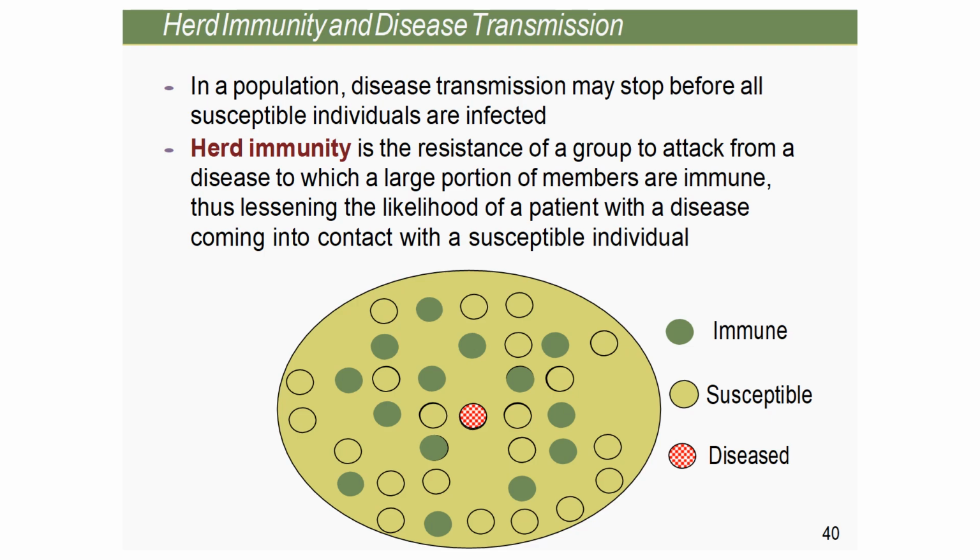The larger the number of dots that are green, that's the immune people, the lower the probability that this person with a disease will come into contact with someone in the population who is susceptible. The higher the proportion of immune people, the lower is the likelihood that people without immunity will get infected.